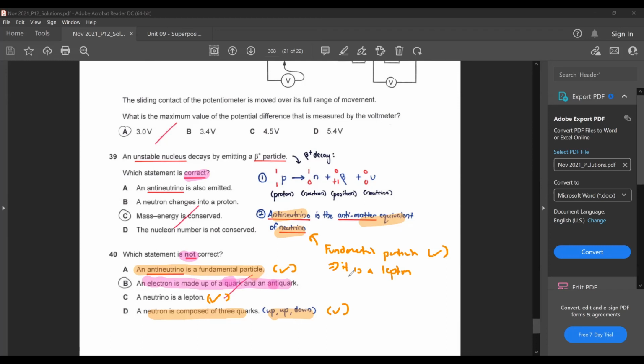This is definitely out. What we know is that electron is a lepton. It is not made out of quarks. Okay, so B is definitely wrong. So it is the answer here. Okay, right. So this paper is done.